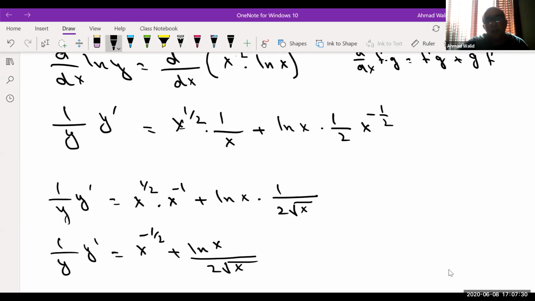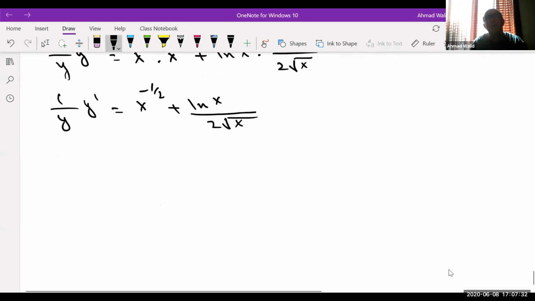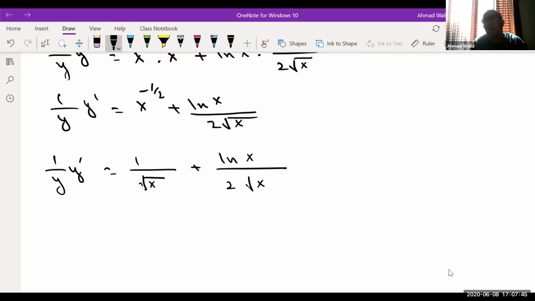This one goes to the denominator to change the positive exponent. 1 over y prime equals 1 over square root of x plus ln x over 2 radical x or square root of x. Last step, multiply both sides by y.